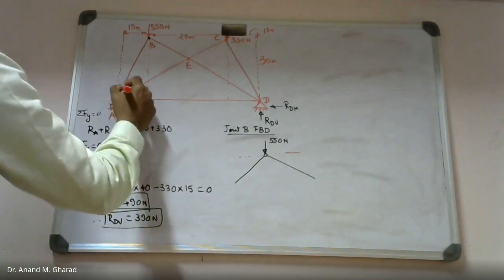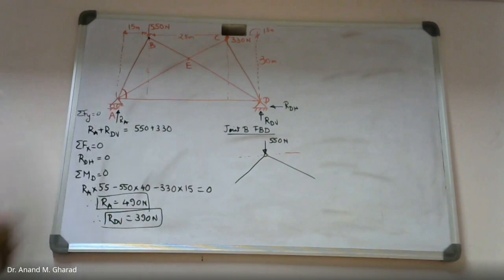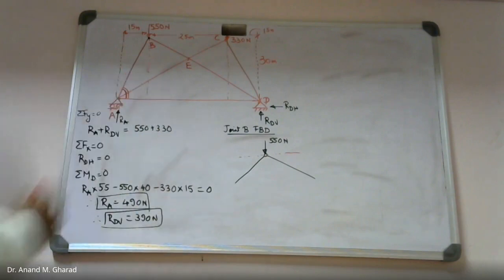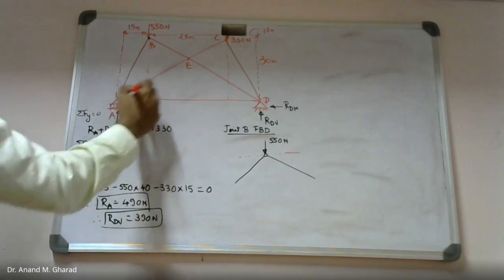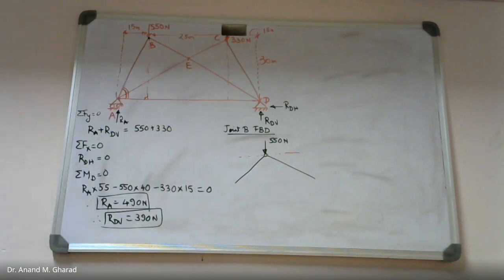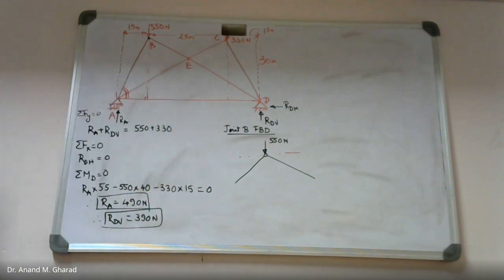That's the only point. So can you please let me know what is this angle value? That is tan inverse of 30 by 15.